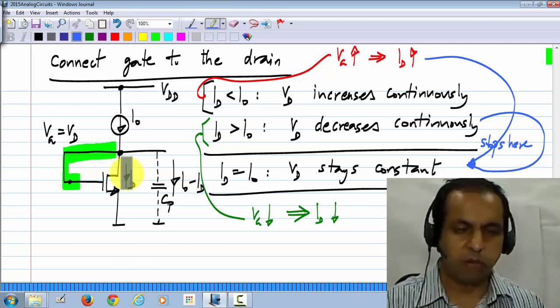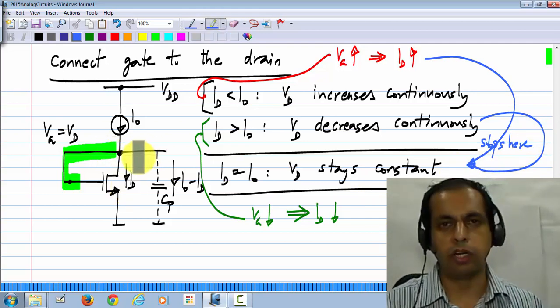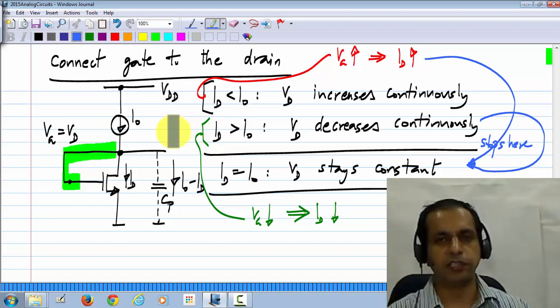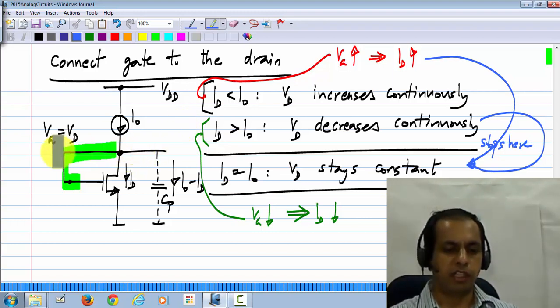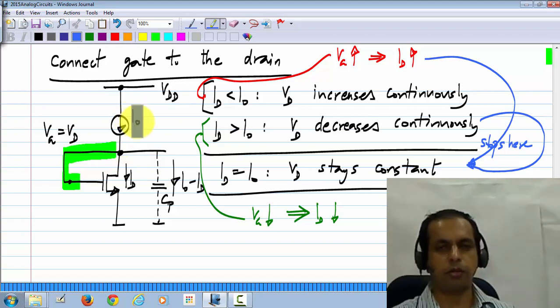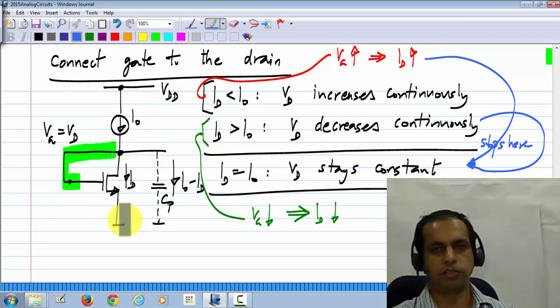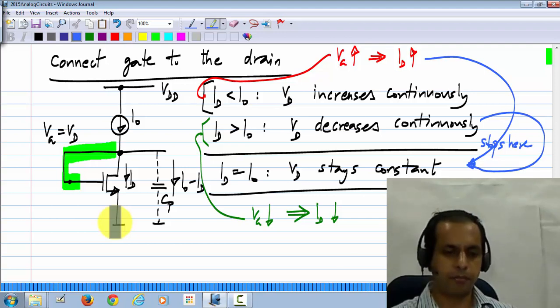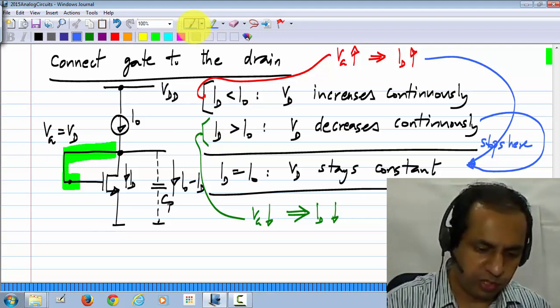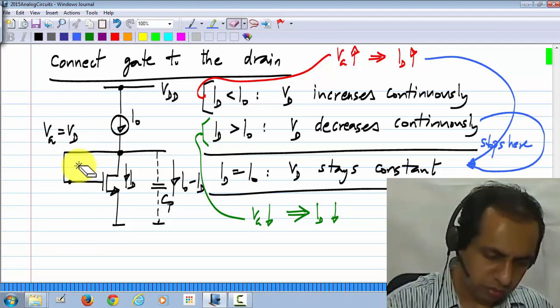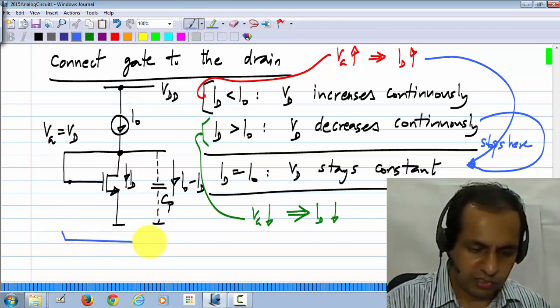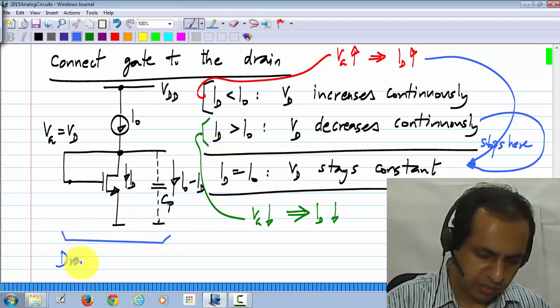In this case, ID will go on decreasing until it becomes exactly equal to I naught. Now, if it is not equal to I naught, we know that the circuit won't reach steady state because this voltage will go on increasing or decreasing. Finally, when this voltage becomes constant, we are guaranteed that ID is exactly equal to I naught. That is simply by Kirchhoff's current law. So this is the most basic way of biasing a transistor, and this is known as drain feedback.